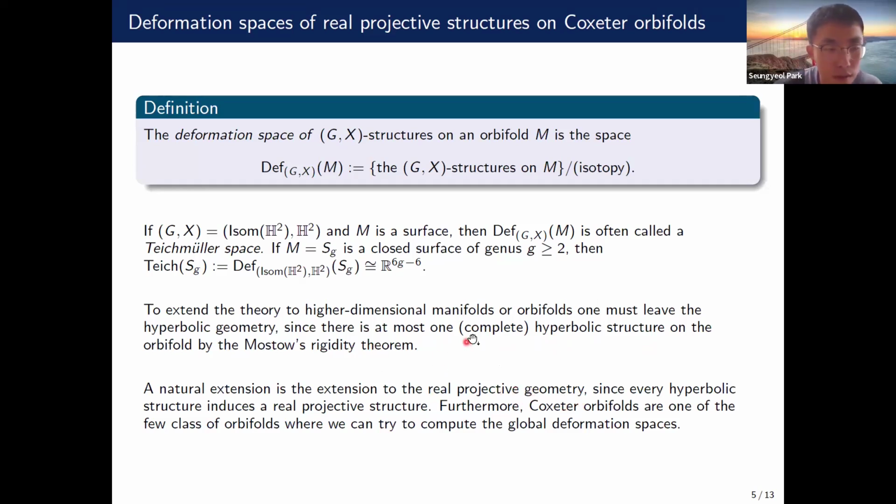As I explained before, the hyperbolic structure is a specific example of the real projective structure. Furthermore, our orbifold is a Coxeter orbifold, and in some examples we can compute the entire deformation space of these real projective structures. For this reason, I'm interested in Coxeter orbifolds.